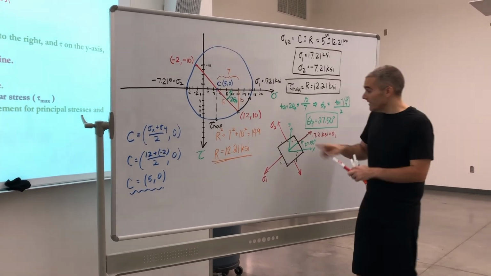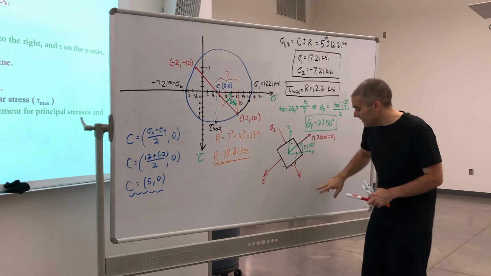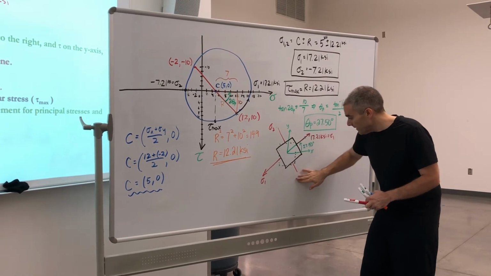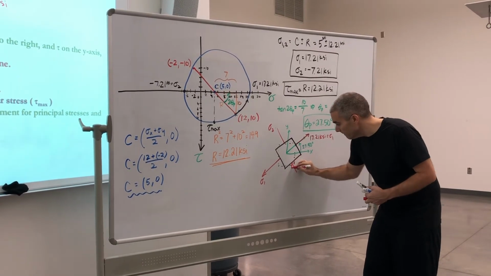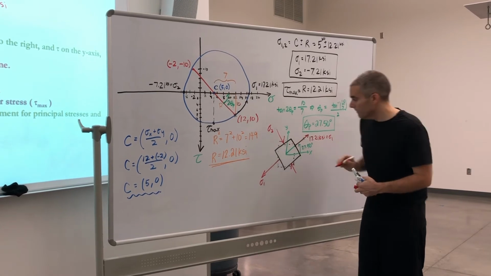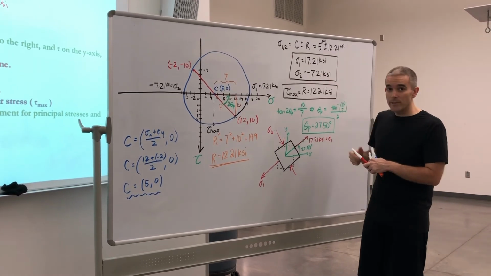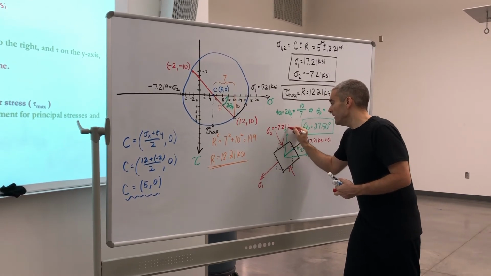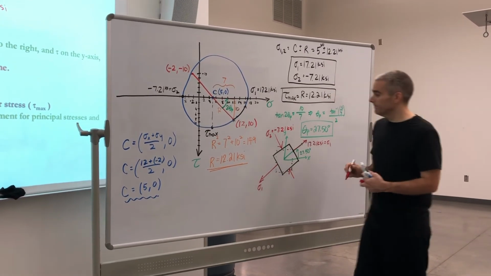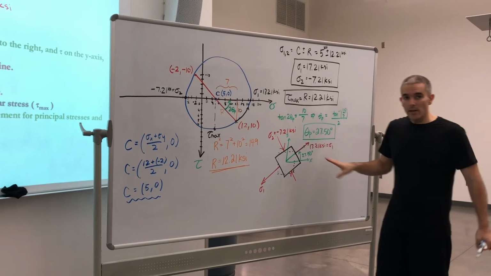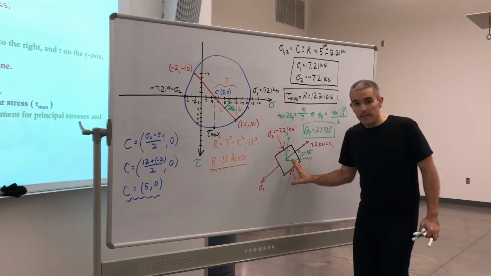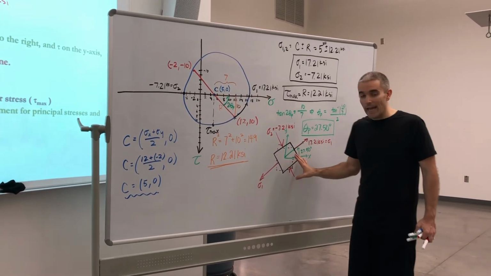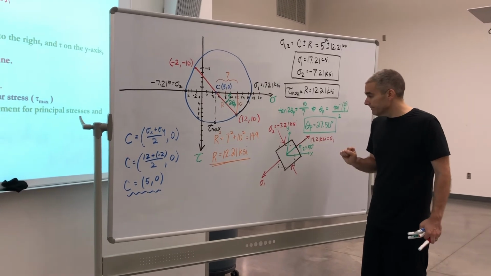Sigma 2 is actually in compression, so let me show that in compression. And it has a magnitude of minus 7.21 KSI. And so this is what the principal stresses look like on this block.